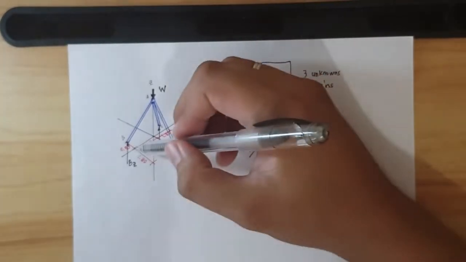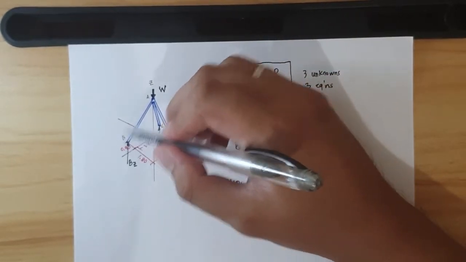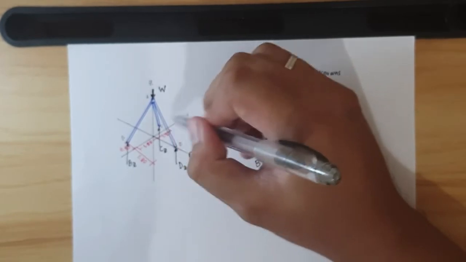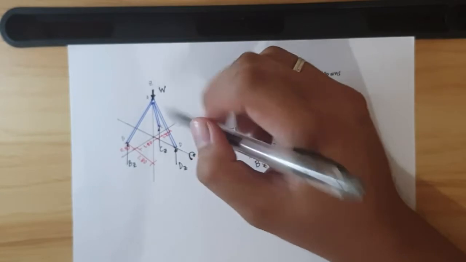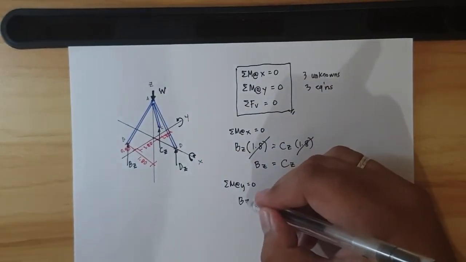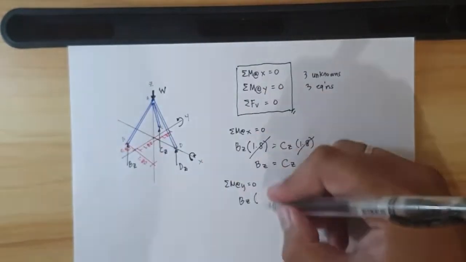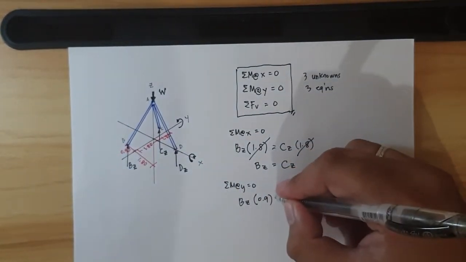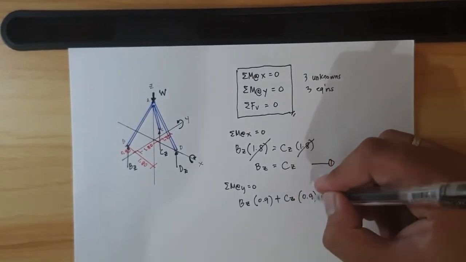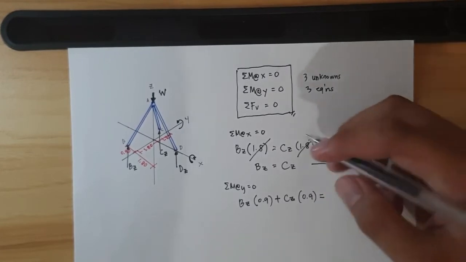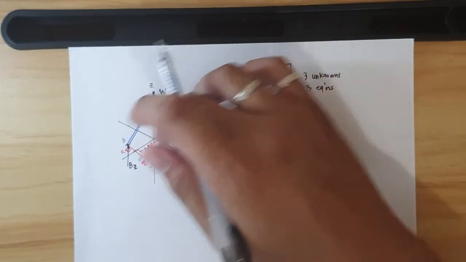Okay, so summation of moments at y equal to 0. The clockwise ones are BZ and CZ, clockwise rotation along y. So BZ times its distance, which is 0.9, plus CZ times 0.9, equal to the counterclockwise DZ, counterclockwise along y.